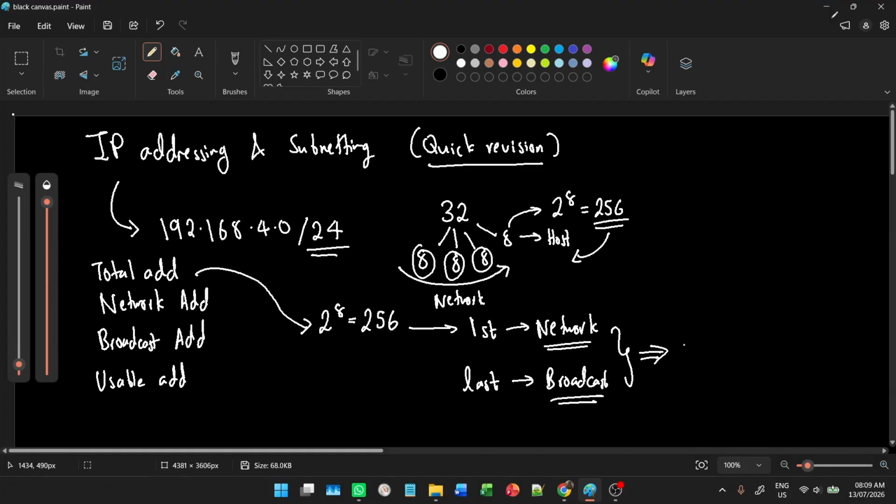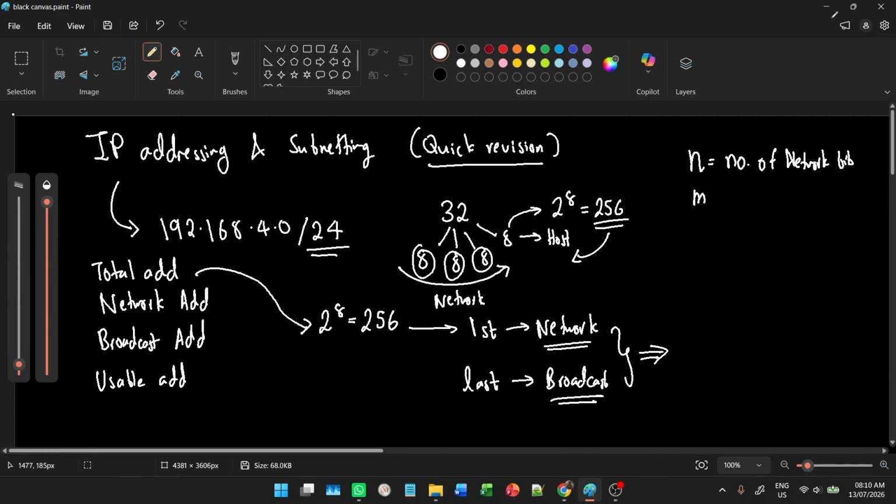So it's always going to be, let's say 32 minus 24 is equal to... oh wait, my bad. Let's actually define this a bit more clearly. Let's say n is the number of network bits, right?